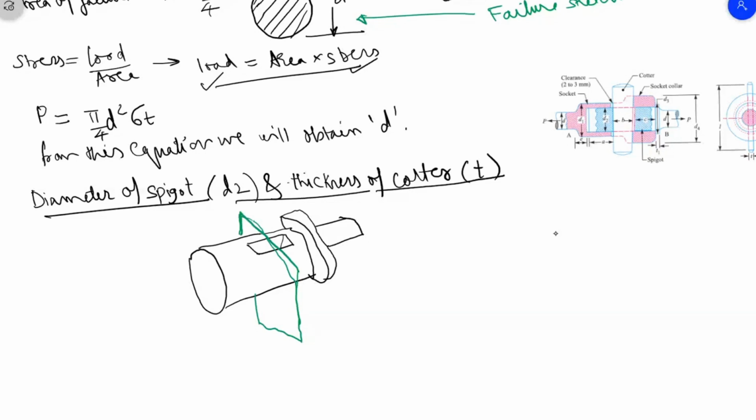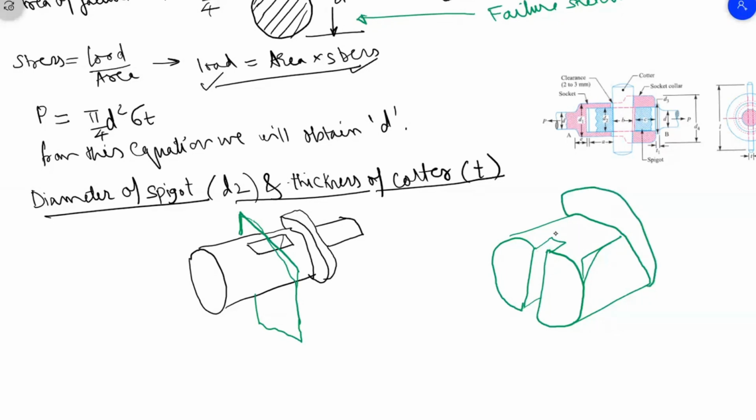And when it fails like this, how will you see it? It will be seen something like this. It has failed from here. Are you able to visualize this? Yes, sir.